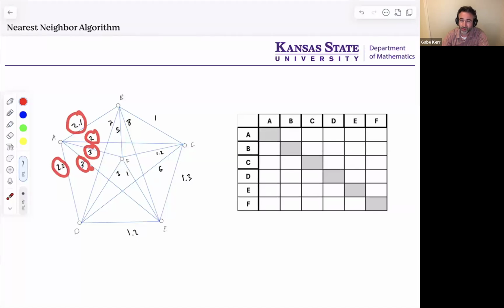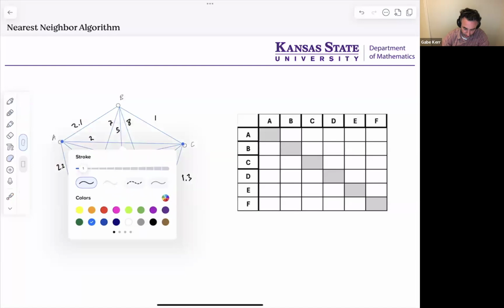In other words, we find the smallest weight, we find the smallest cost, we find the edge with the smallest number on it. And then we follow that edge. So let's follow that edge.